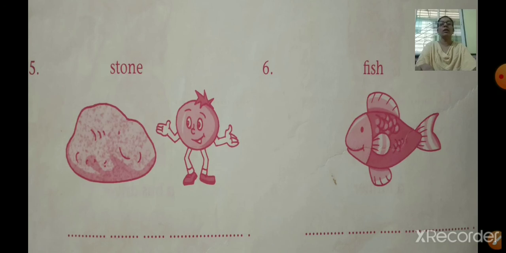Now, again sit for number 5 and number 6. What can you see? A stone and a fish. Now you have to see where the stone is and where the fish is. First we are going to observe the stone. Where is the stone? Near to the tomato or far away from the tomato? Yes, the stone is near to the tomato. So what will you write here?